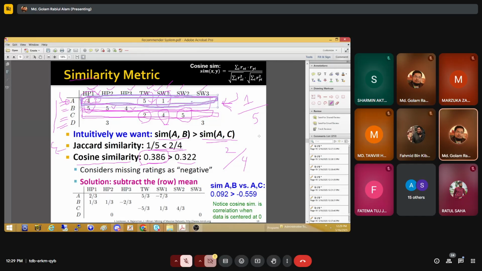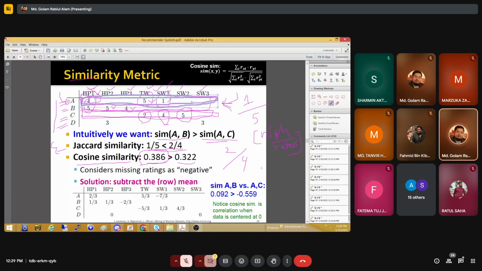They usually rate always with higher values. We can say those are easy raters. But some of the raters are hard raters. Hard raters mean the tendency for them is to rate using the low values.